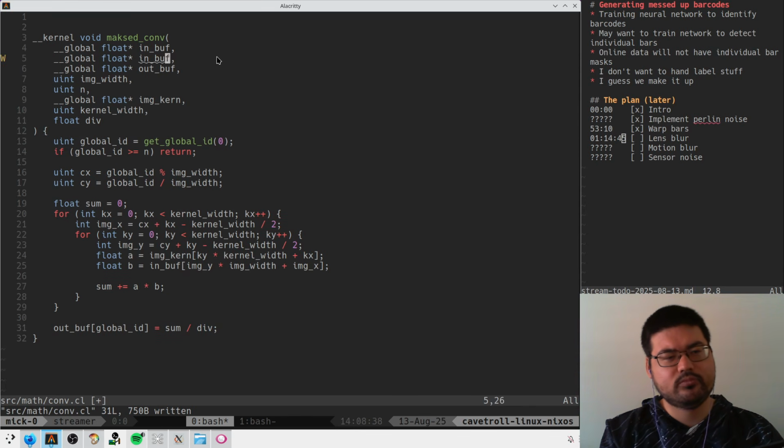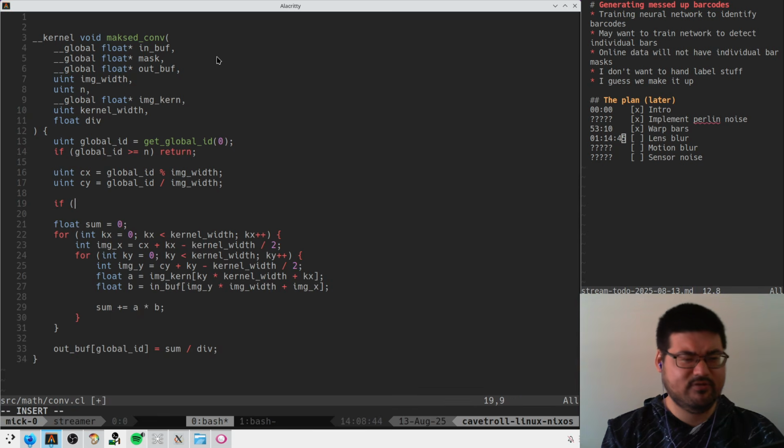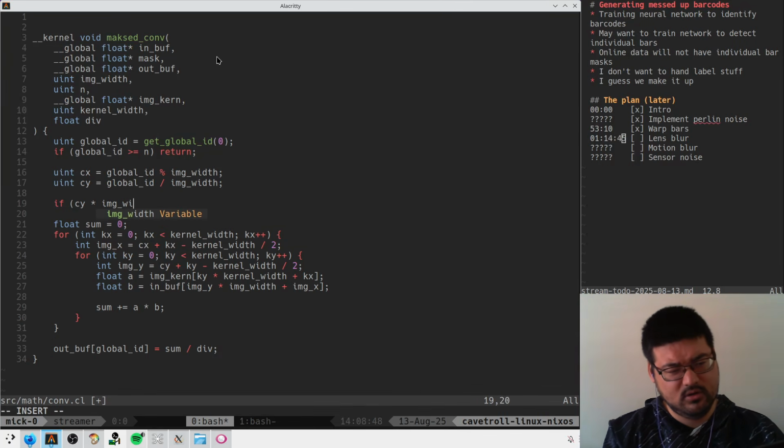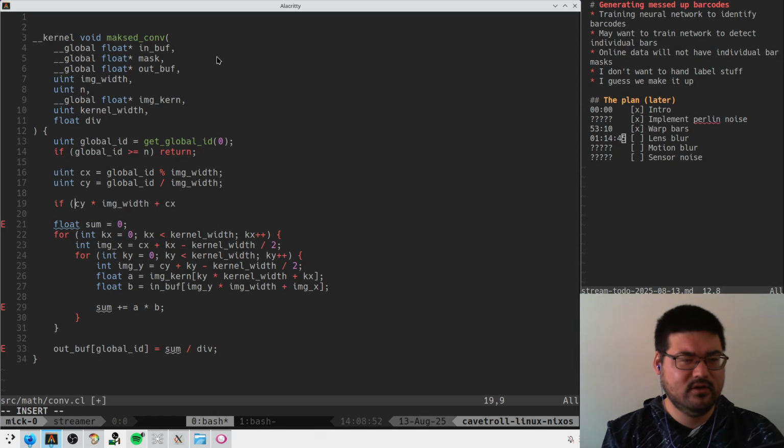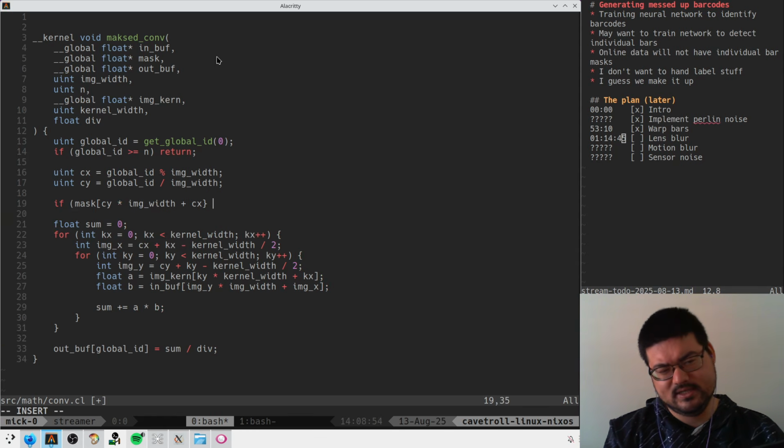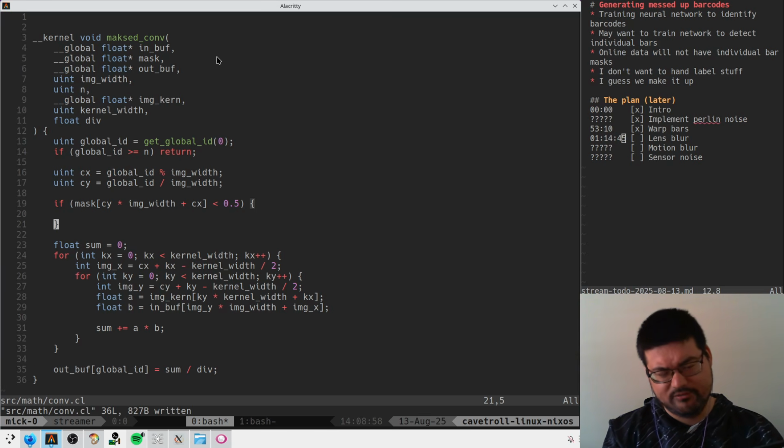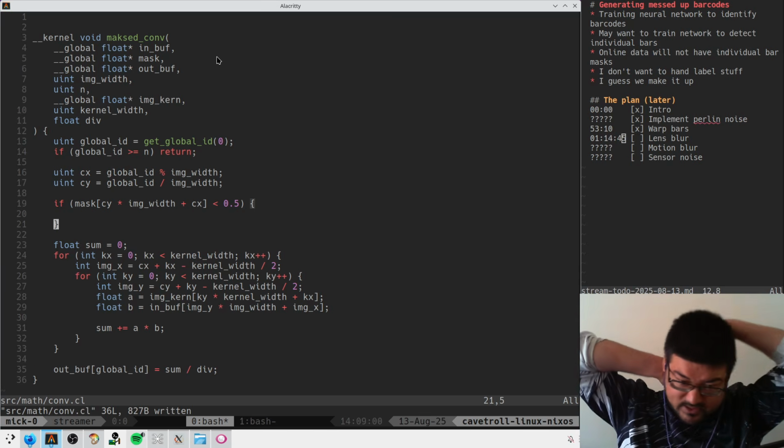So mask here. We look at our position and we say if cy times image width plus cx in the mask is less than 0.5. We're doing zeros and ones, and we only have floats in and out in our abstractions right now, so this is fine.